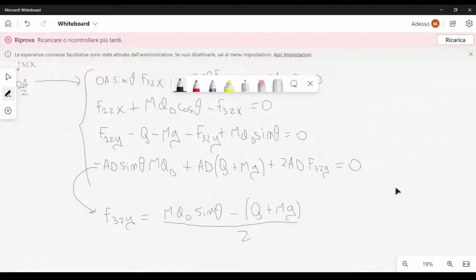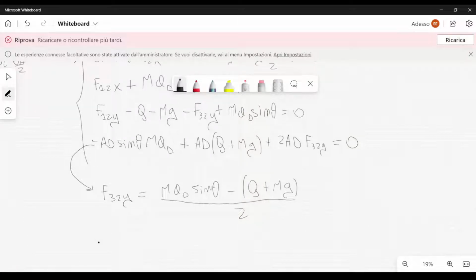Then I can write f12y from this one, which is equal to Q plus mg plus f32y. So I can write it from here.